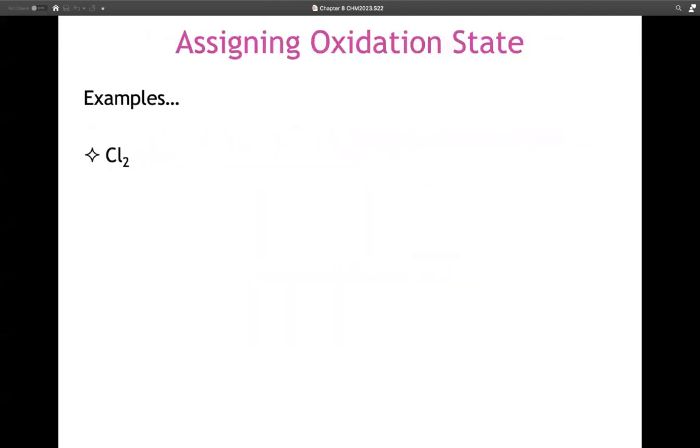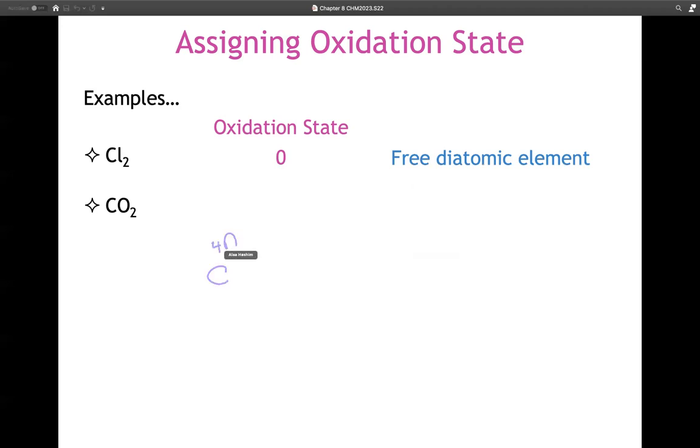Okay, so we have chlorine. What would be the oxidation state of chlorine gas? It's a free diatomic element. It exists in nature as chlorine gas, so its oxidation state is 0. What about carbon dioxide? Well, carbon is in group 4A.